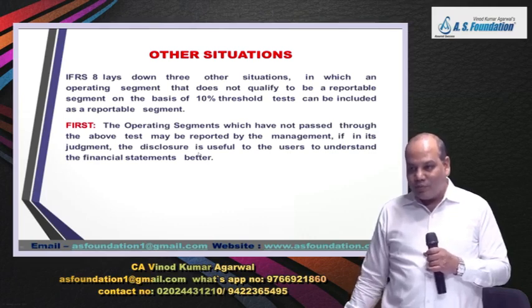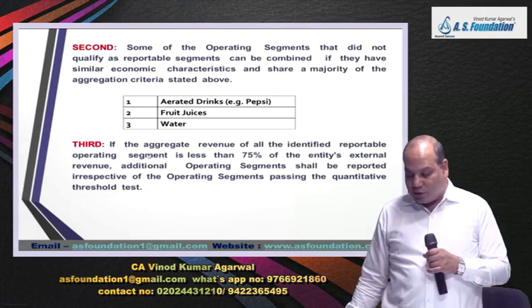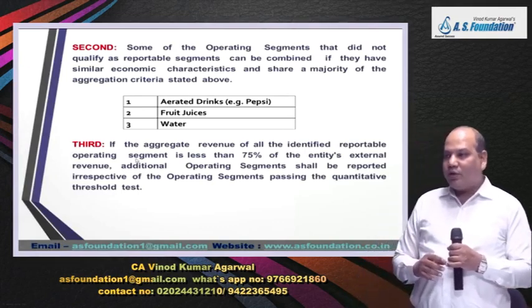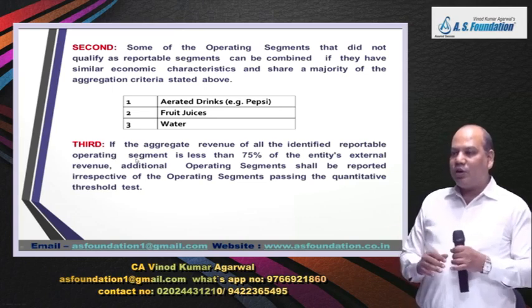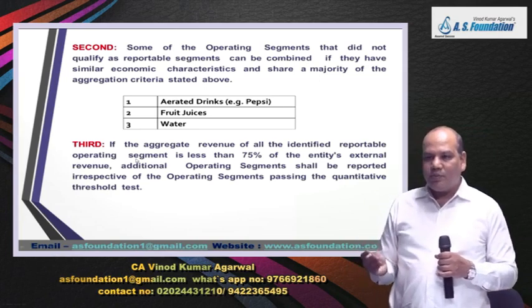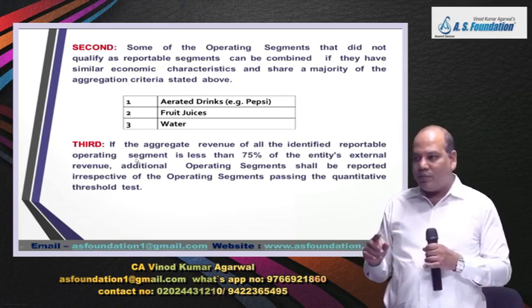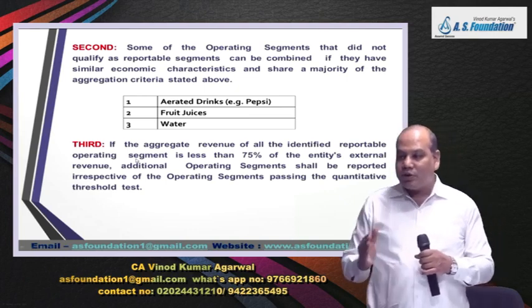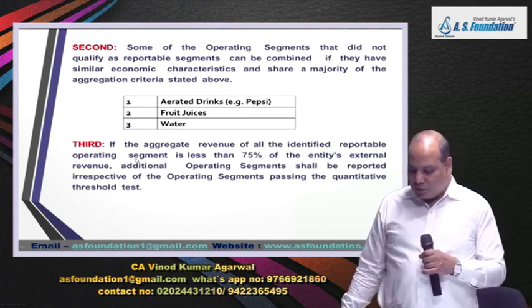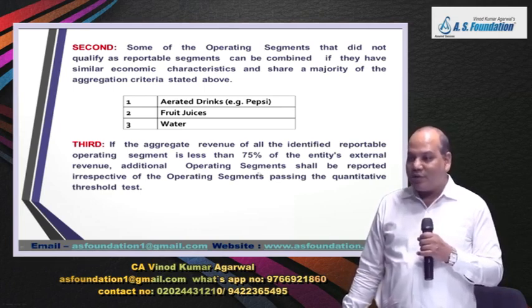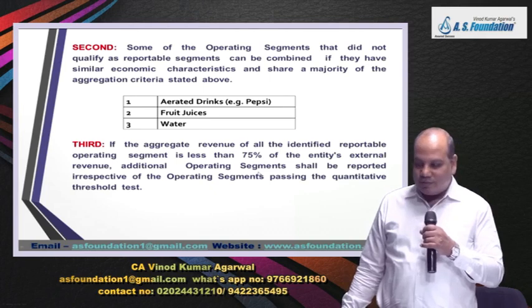What you will have to do in the exam is apply this test now. What is this test? The external sale of the reportable segments. How many segments have we identified in that example? 6: A, B, C, D, E and H. The sale to external parties should be at least 75% of the entity's total external sale.